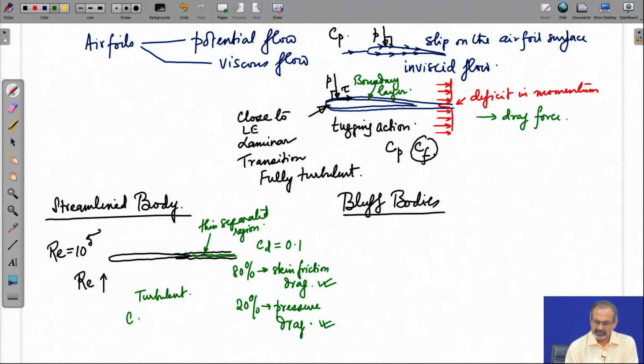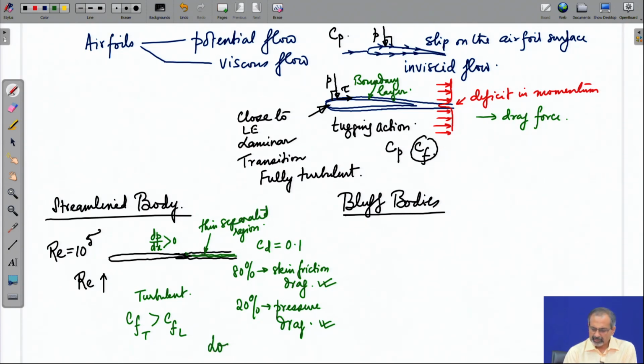One reason being that the Cf for turbulent flow will be greater than the Cf for laminar flow, because of a fuller boundary layer, and the pressure drag could be still smaller because of a still thinner separated region, because the turbulent flow is better capable in handling adverse pressure gradient, which occurs towards the rear part of the airfoil, and it delays the separation. At low angles of attack, the separation anyway is very small.